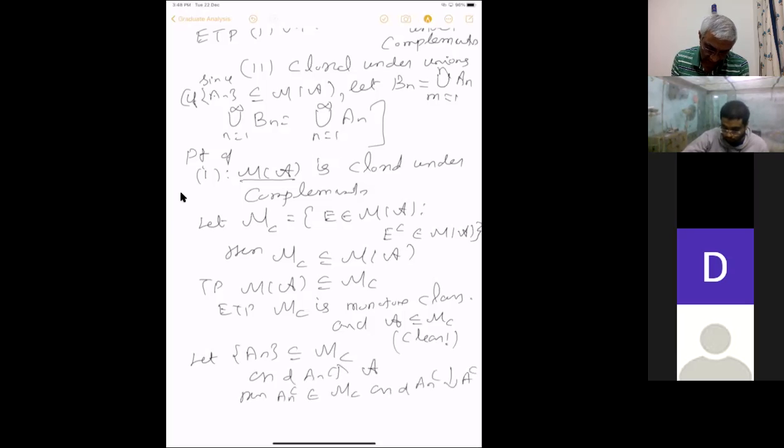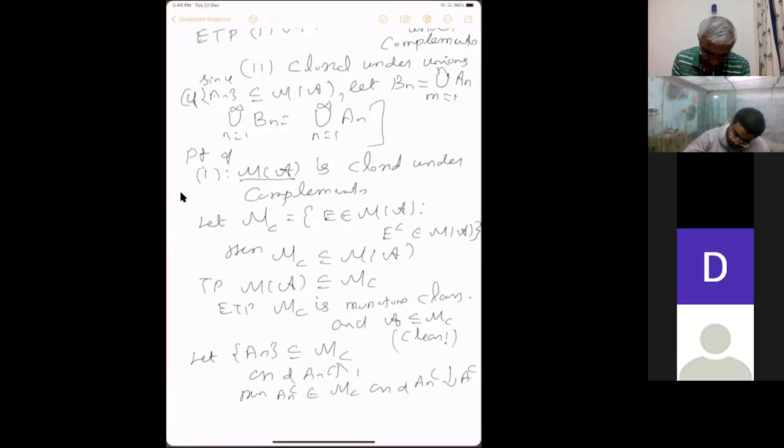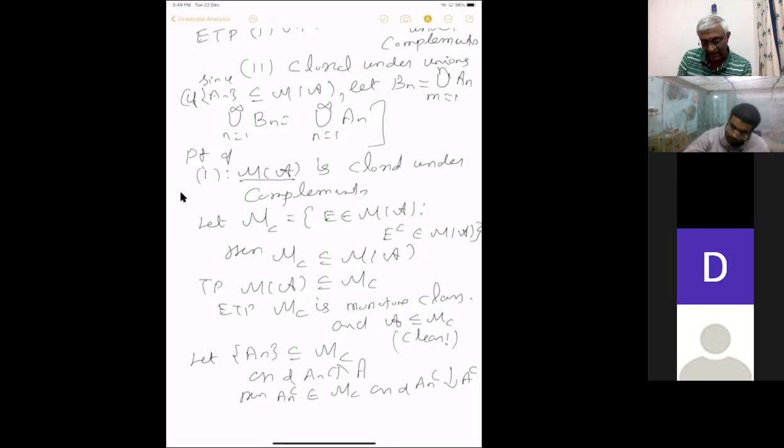Sorry, this is not script A, this is ordinary A. So, suppose we have a collection A_n increasing to A, then A_n complement is also there because A_n is in M_C, and A_n complement decreases to this. Okay, right.